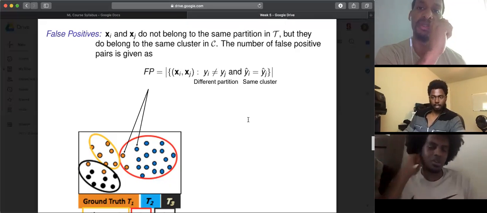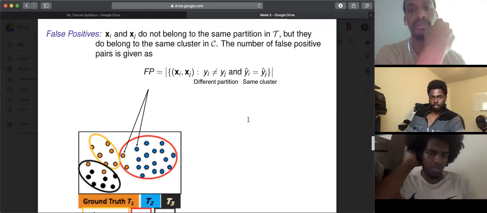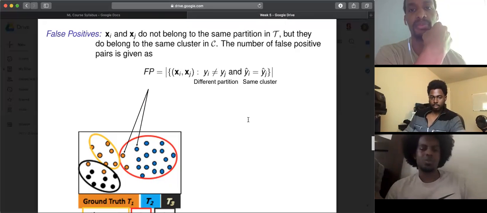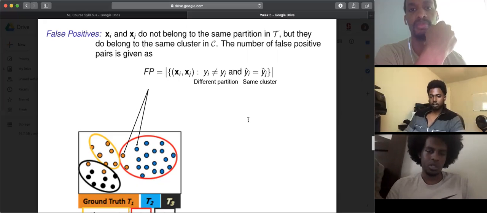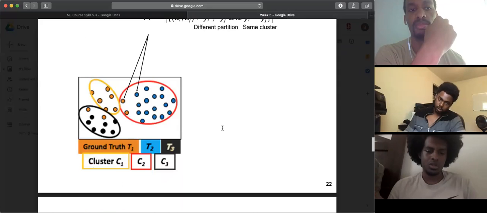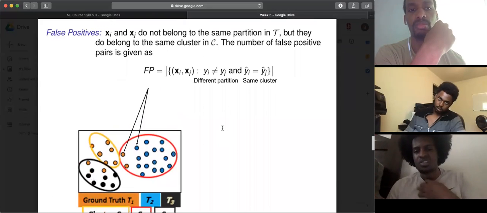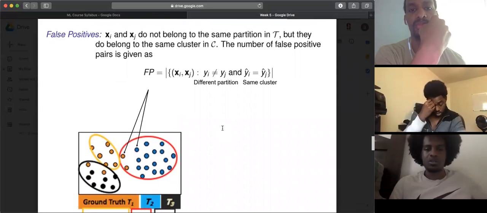That's what I meant to say. So that's why they have the example where it's an orange data point and a blue data point. They belong to two different ground truth labels or partitions. However, they've been classified in C2, so that's the same cluster. So this would be considered a false positive.